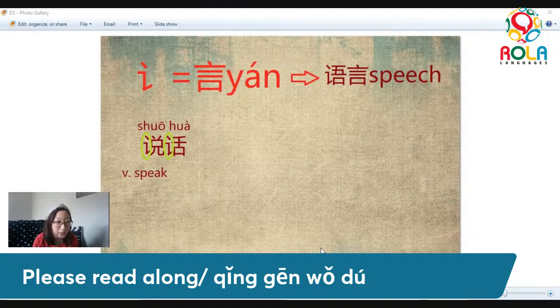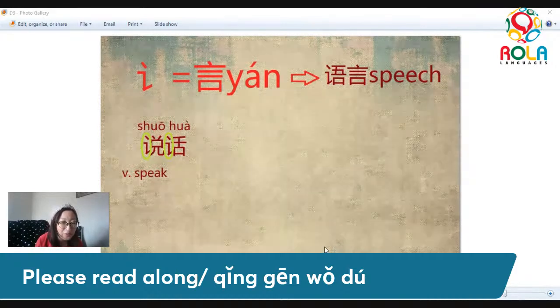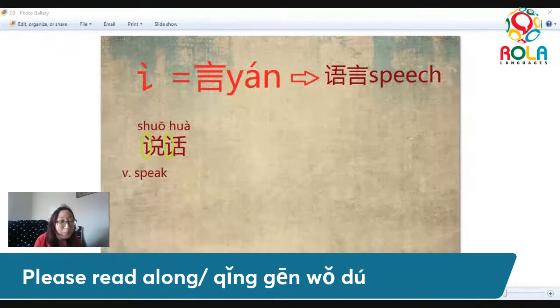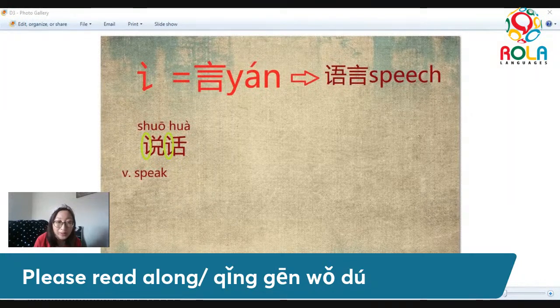It means speak. It was my poor choice to use a very light shade of lime green to highlight the 言字旁 in both characters. But you can probably vaguely see 说 and 话 both have 言字旁. And as you can see, 说话 means speak.